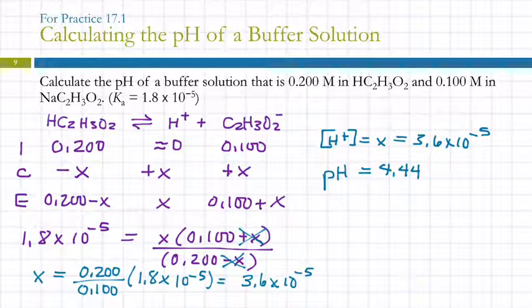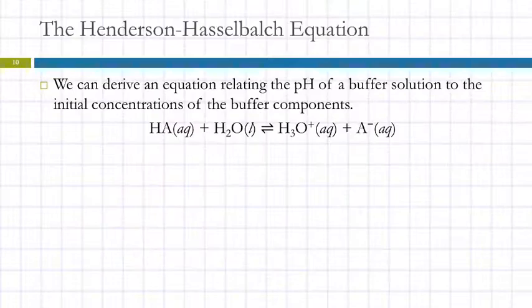Okay. Let's look at this one. We can derive an equation that relates the pH of a buffer solution to the initial concentrations of the components, the conjugate acid and the base, or vice versa. Okay, so what are we going to do here? Well, here we have an equation representing the ionization of this weak acid.